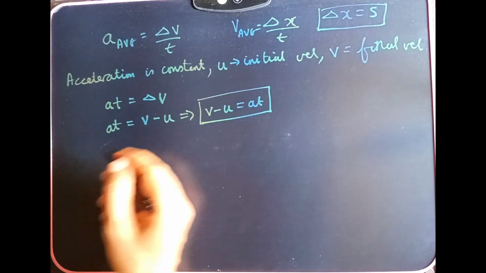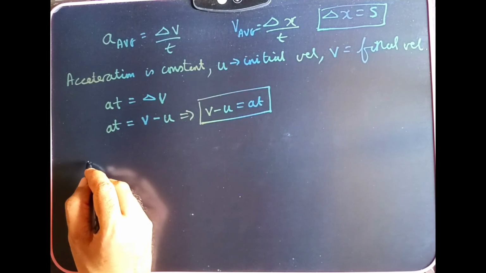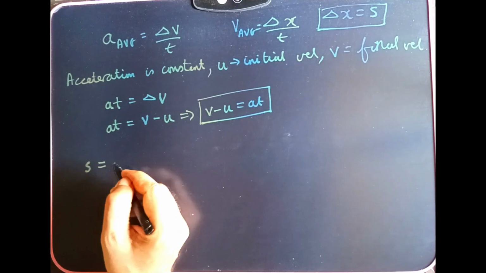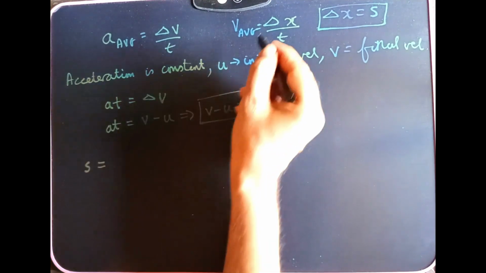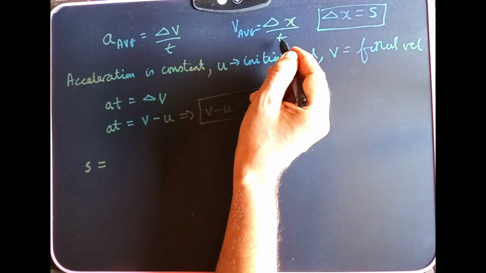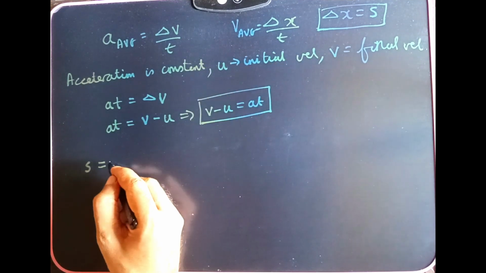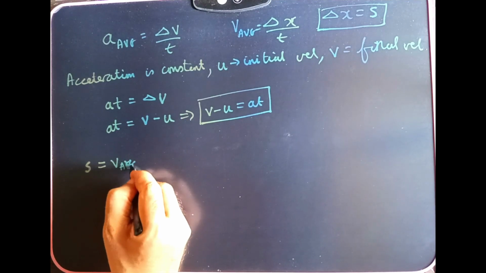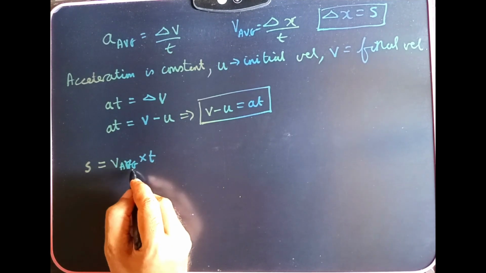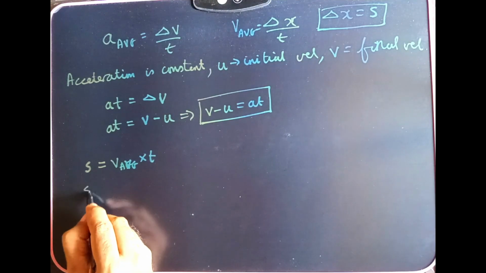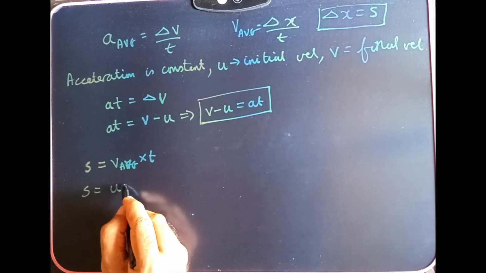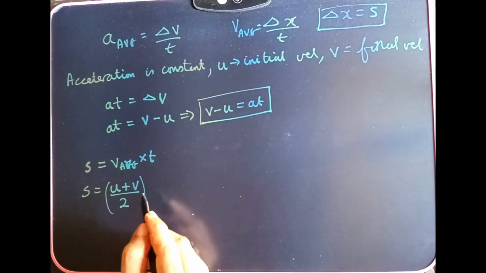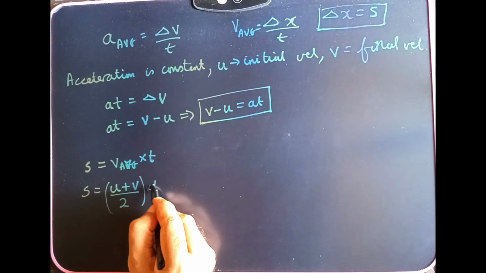So we can write this equation as s is equal to v average into time. What is v average? We can write s is equal to initial plus final divided by 2 as the average velocity, and this multiplied by time.